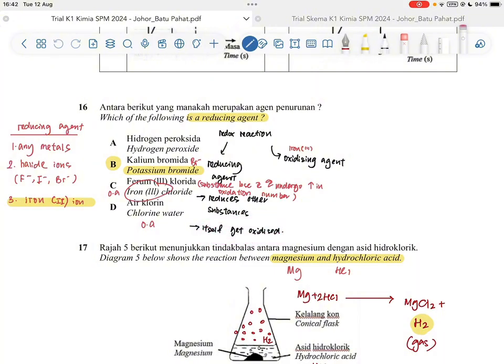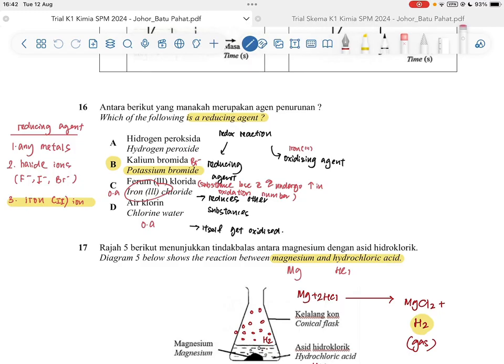So there is a quick tip for you to know. Reducing agents are any metals and halide ions, for example the group 17 ions: fluoride ion, iodide ion, bromide ion, and so on.